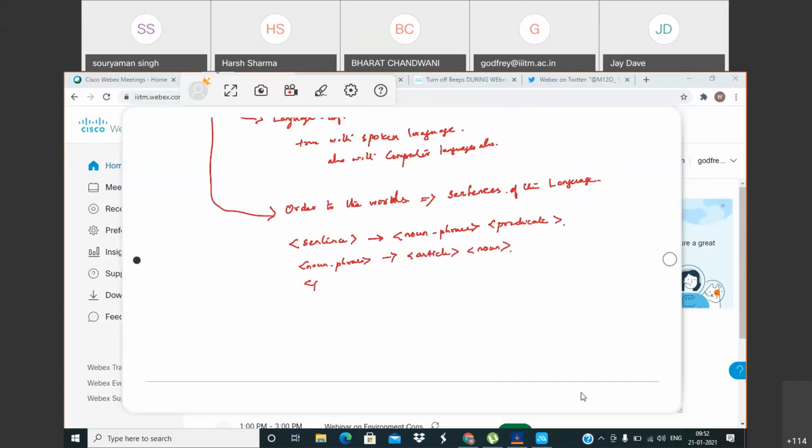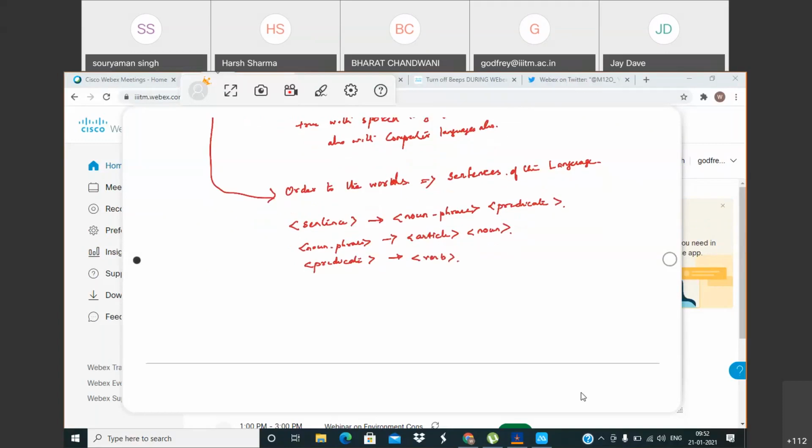Then the predicate consists of a verb. In an article, you may have words like the, a.